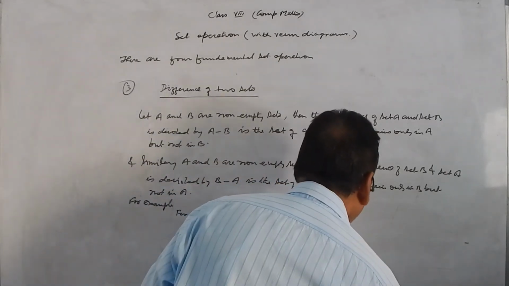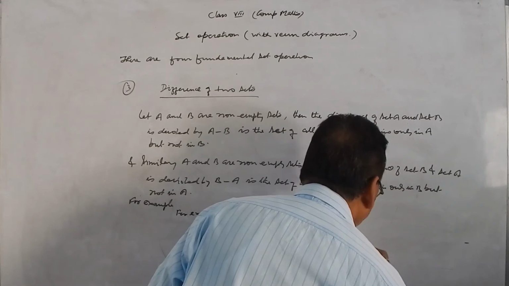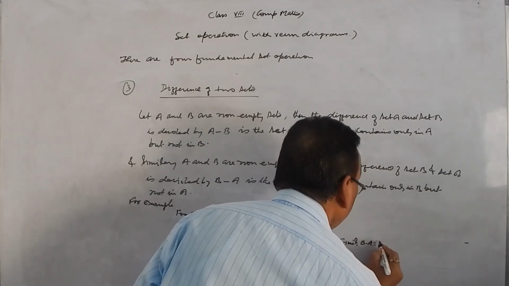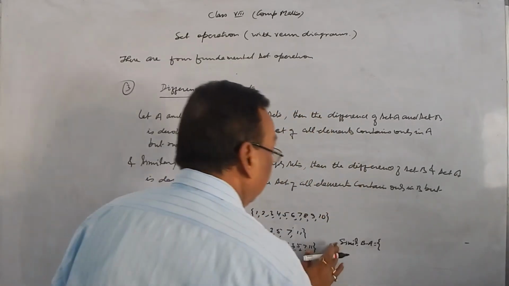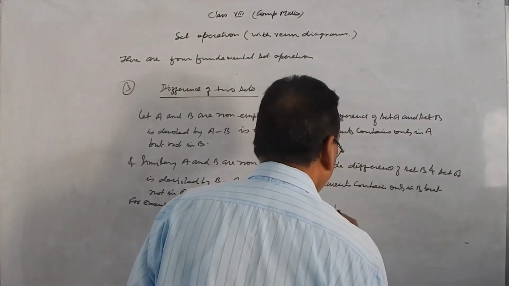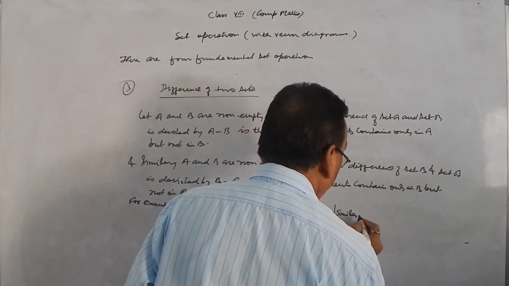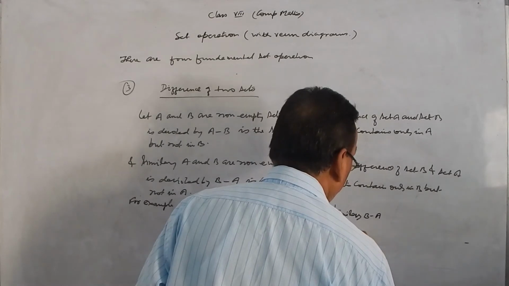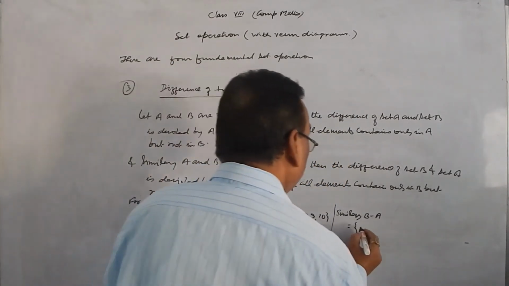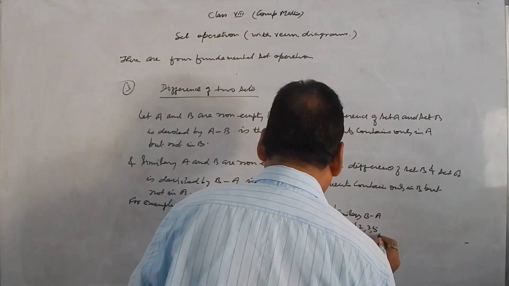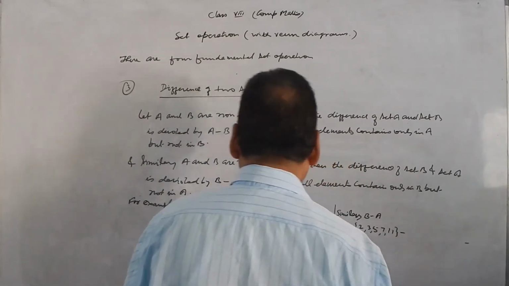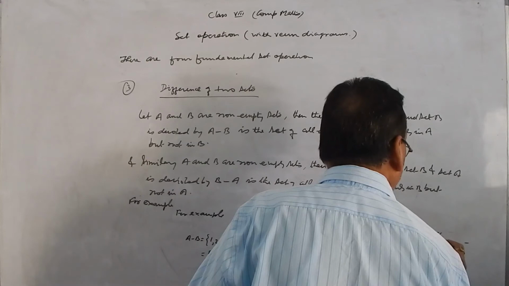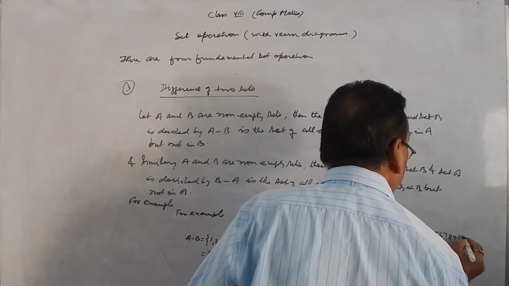Similarly, A minus B, B minus A. 2, 3, 5, 7, 11, and 1, 2, 3, 4, 5, 6, 7, 8, 9, 10.